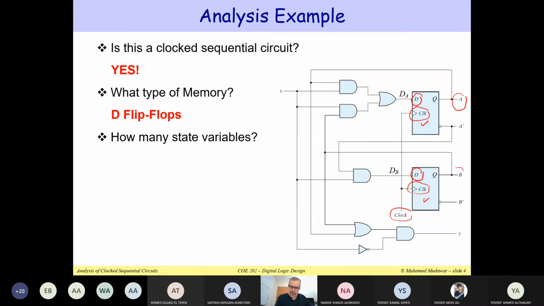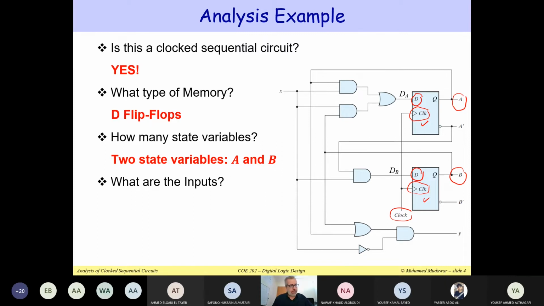So notice that the outputs here are A and B. These are the outputs of the flip-flops, so these define the state variables. So we have two state variables, A and B. Remember that what you are storing inside the flip-flop appears as its output. So the output of the flip-flop is the state variable. We have two flip-flops, so we have two state variables.